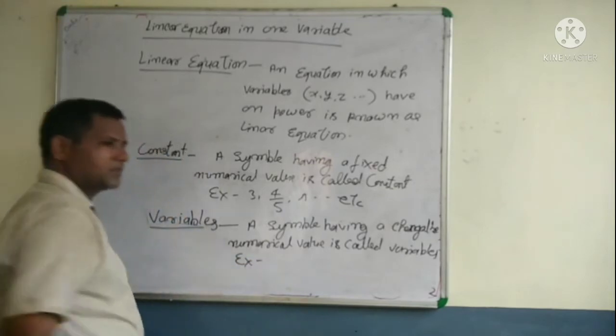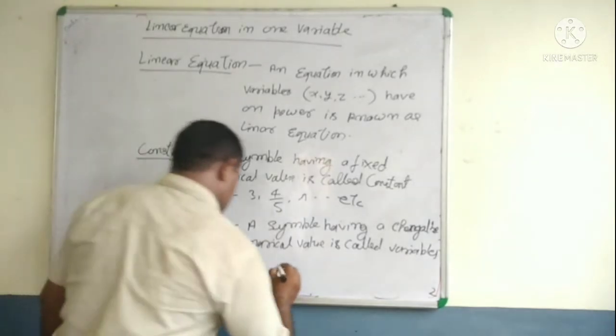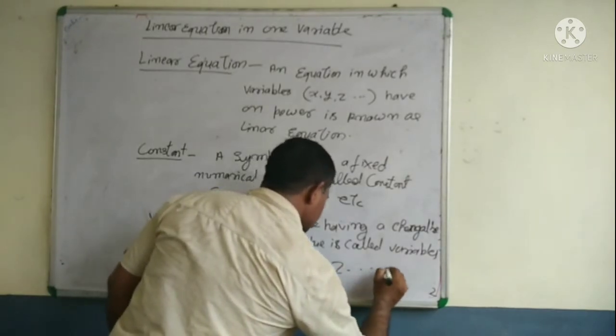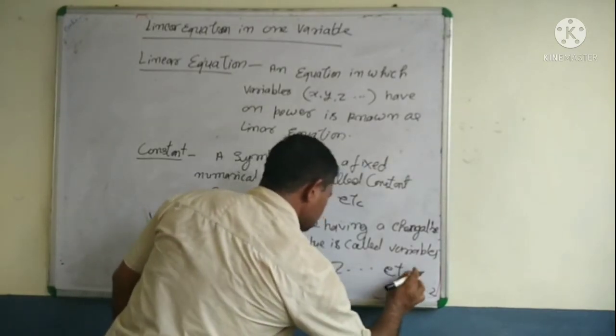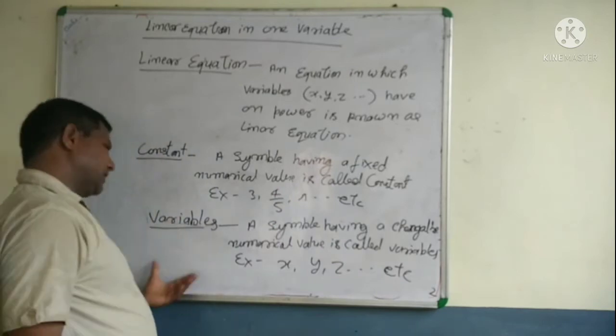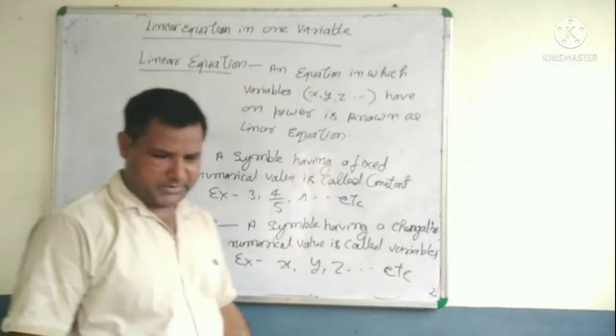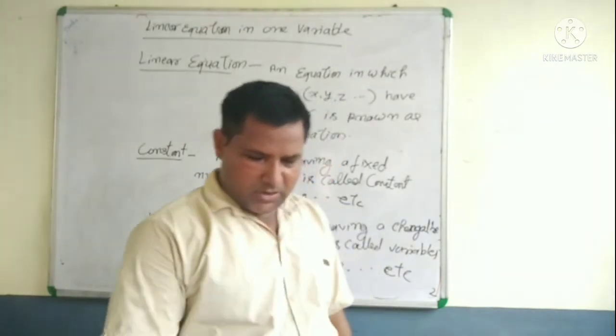Example: x, y, z, etc. We know that the variables are taken as x, y and z.